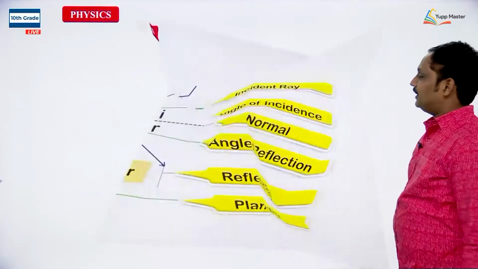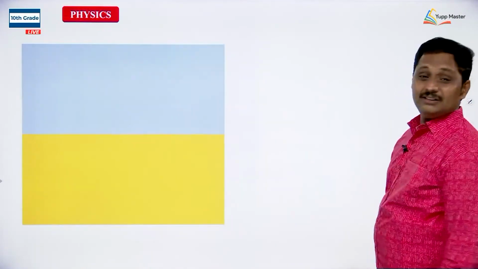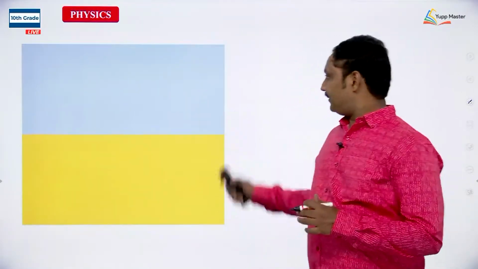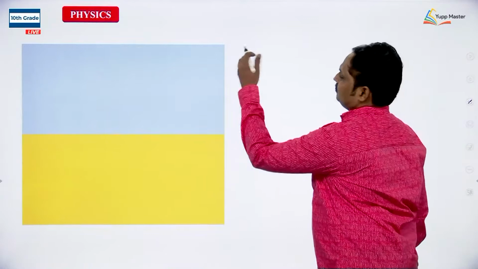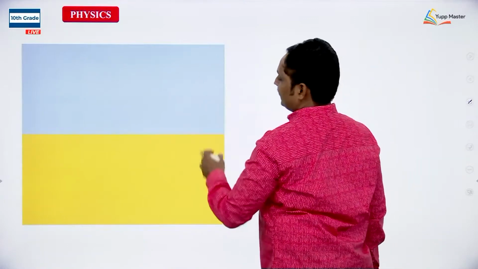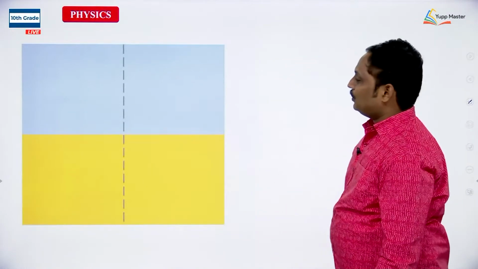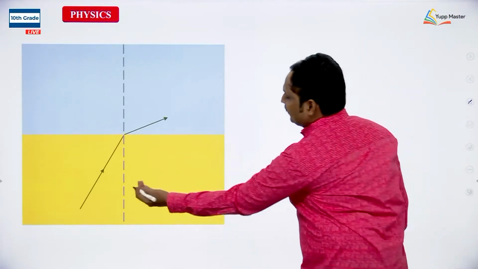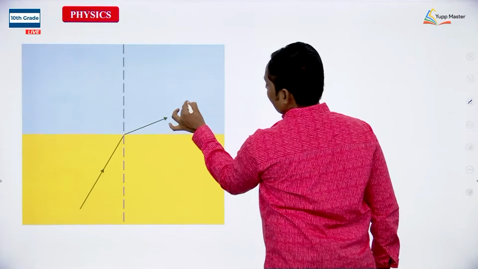Suppose you are going to take refraction, while you talk about refraction, what happened, let us see. Two different media are there, light is allowed to be incident, what happened? It has been refracted, this is the refracted light ray.